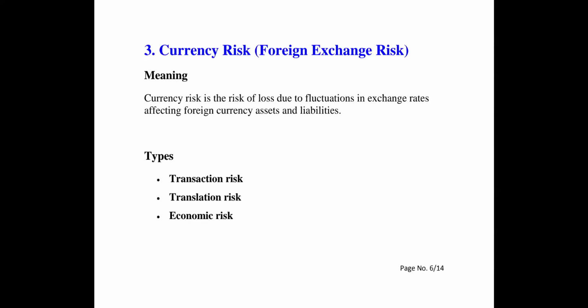Currency risk. We already discussed currency risk, that is foreign exchange risk or FX risk. Currency risk is the risk of loss due to fluctuation in exchange rates affecting foreign currency assets and liabilities. Types: transactional risk, translation risk, and economic risk.